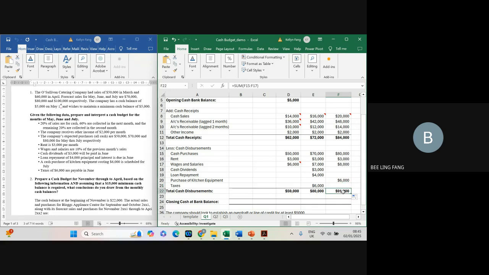Yeah, that's correct. Oh, so I have to plus everything here, include here, because I dragged the formula. Yeah.